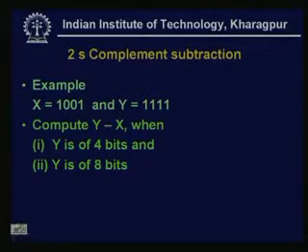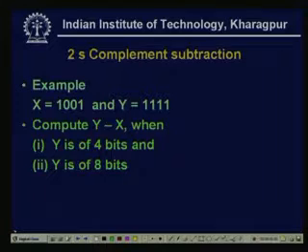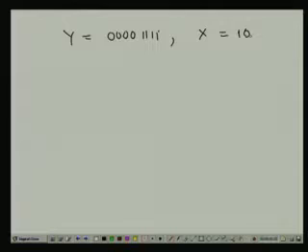So, now we see my y is actually 0100 1111, means 8 bit representation. X is as it is, 1001. Now, what will happen?